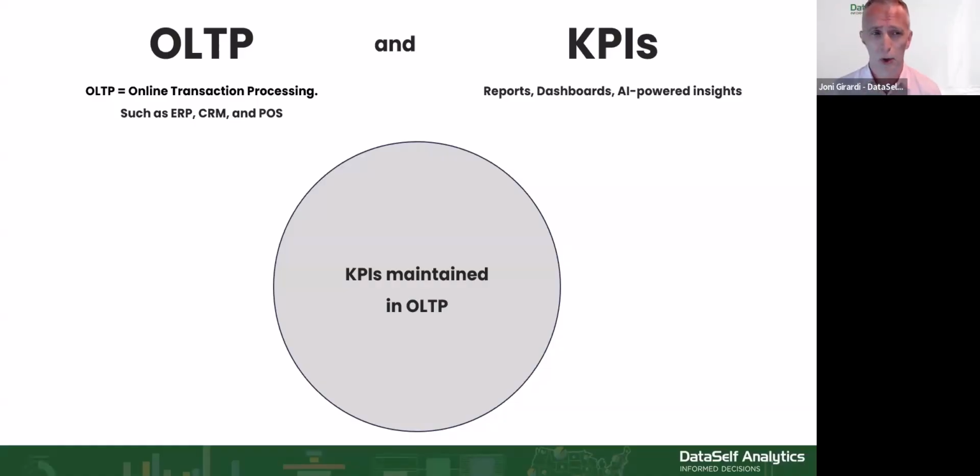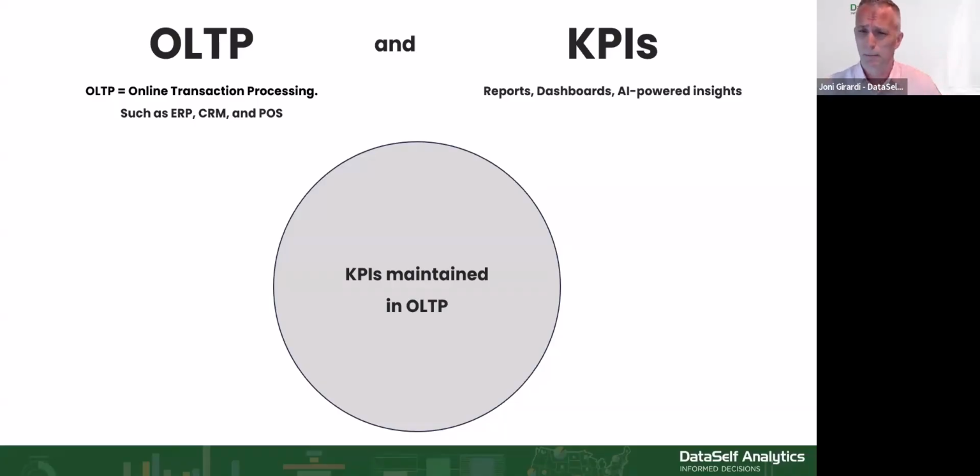So just to be sure we're on the same page, all companies have what's called OLTP systems. The OLTP systems are the transaction systems, like the ERP, the CRM, the payroll, Google Analytics, all of these systems that help the staff do their jobs. In all of these systems, they have reporting and dashboarding, which help companies deal with the KPIs, the key performance indicators.